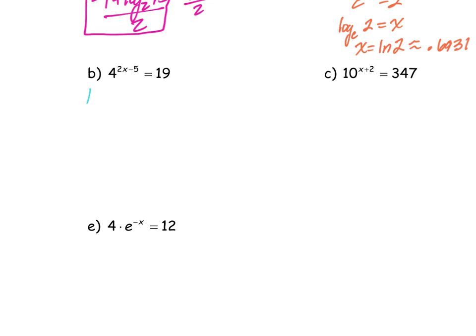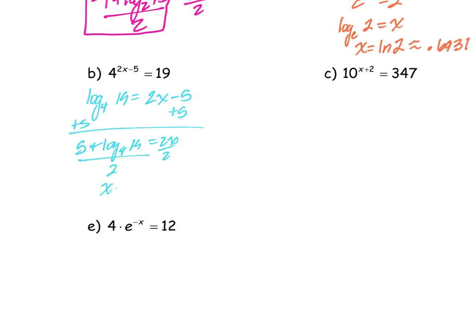So I've got here log base 4 of 19 equals 2x minus 5. So add 5 to both sides. So I get 5 plus log base 4 of 19 equals 2x. Divide by 2. So x is approximately going to be equal to 3.562.